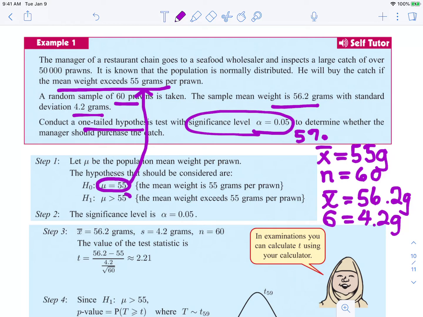So then your alternative hypothesis is we want it to be greater than. So the null hypothesis is H sub 0. The alternative is to be greater than 55. Step 2, identify the significance level, 5%.